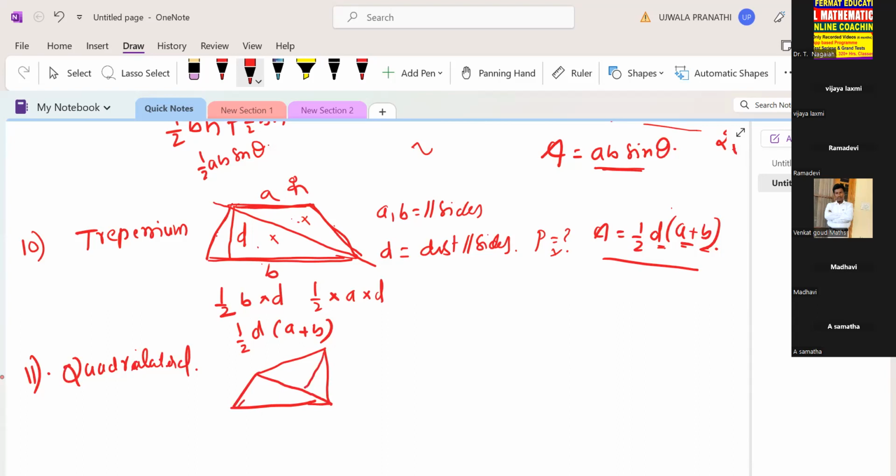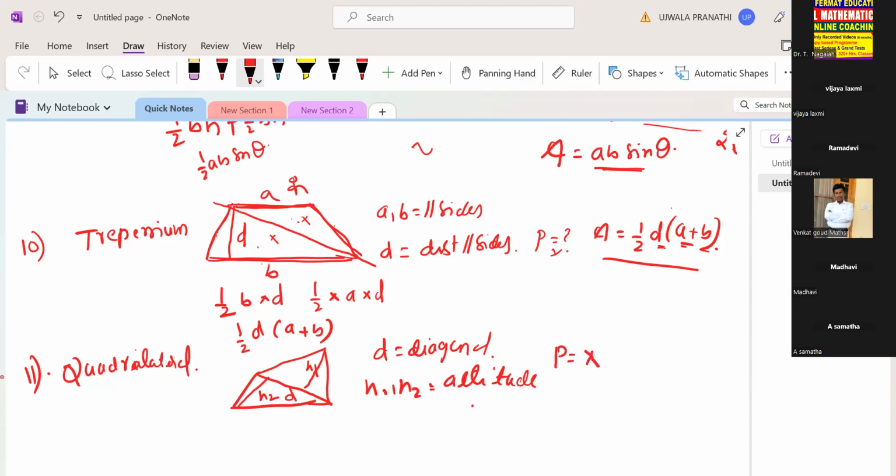This is another perpendicular drawn to the diagonal. If one diagonal is D and the two altitudes drawn to the diagonal are H1 and H2, then D is the one diagonal, and H1 comma H2 are the altitudes drawn to D.